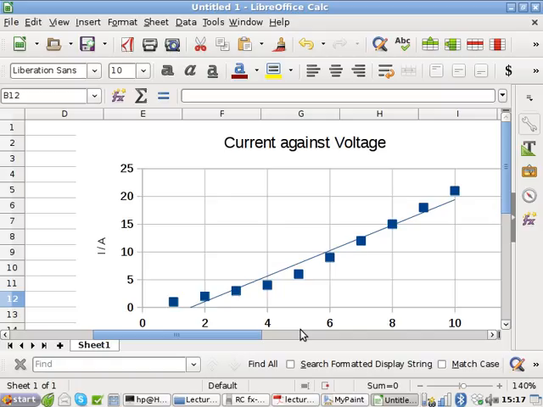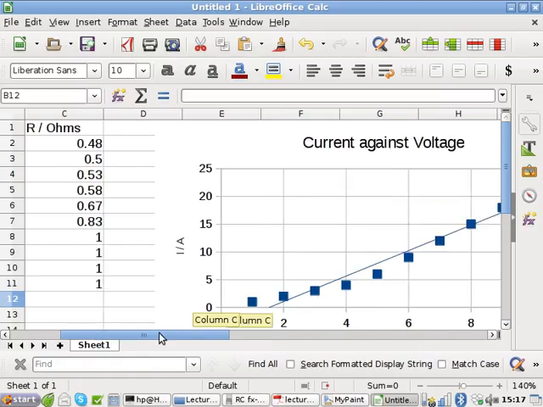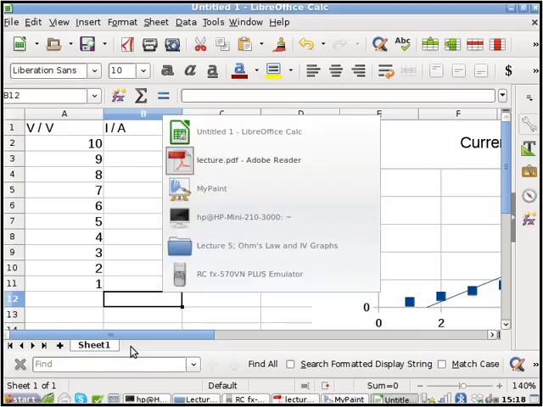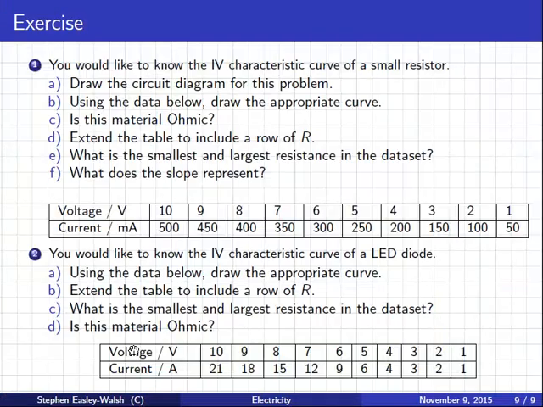No. And the smallest and largest resistance, 0.48 and 1. And what does the slope represent? 1 over R. And the units this time? Ohms. But what's the units for the slope? 1 over ohms, per ohm. What else are we asked? That's it. Is it ohmic? We said it's not. Yeah. That's it.